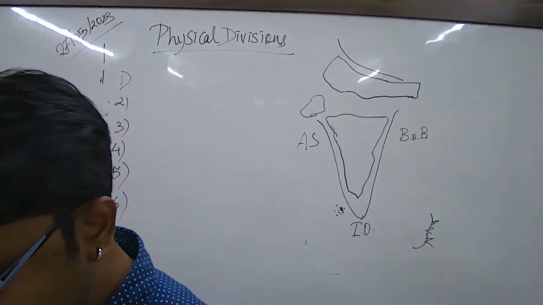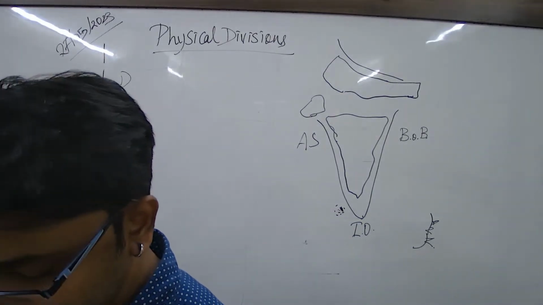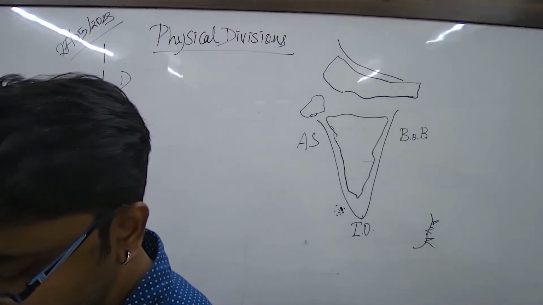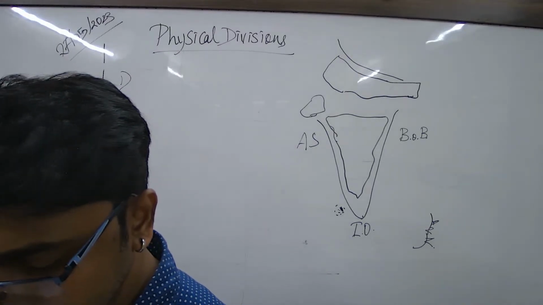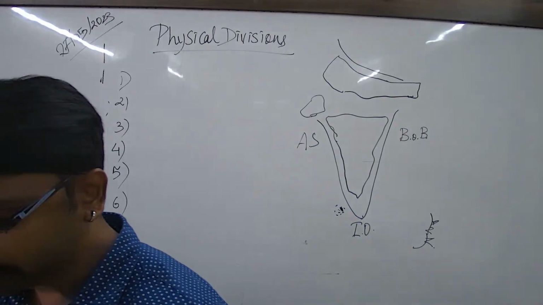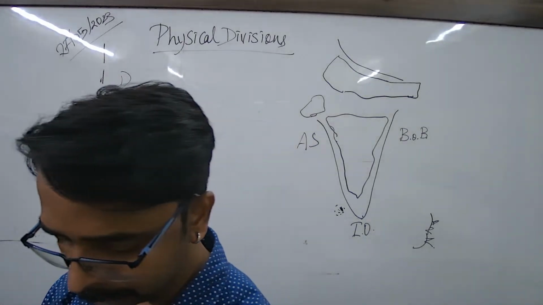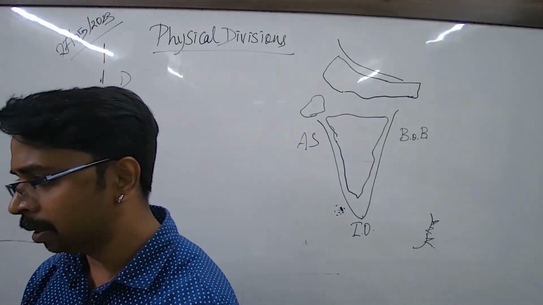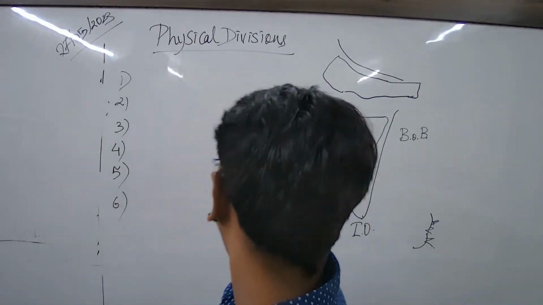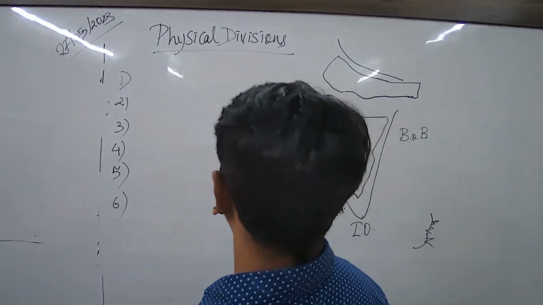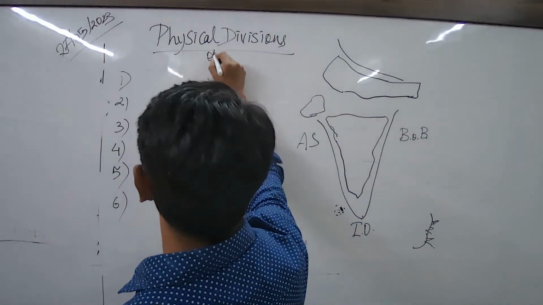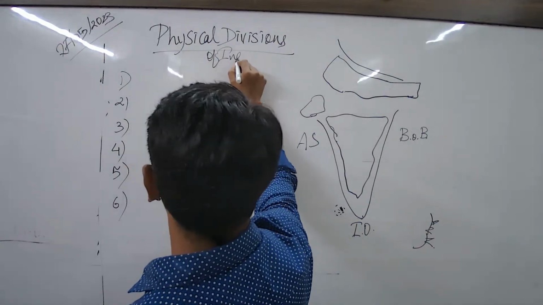Now turn to the questions on page number 137. 139 it is. It's a very simplistic type. If you don't find anything in the next 5 minutes, you can write the heading. And this is what we have to do, physical divisions of India. Very interesting chapter, my favorite too.